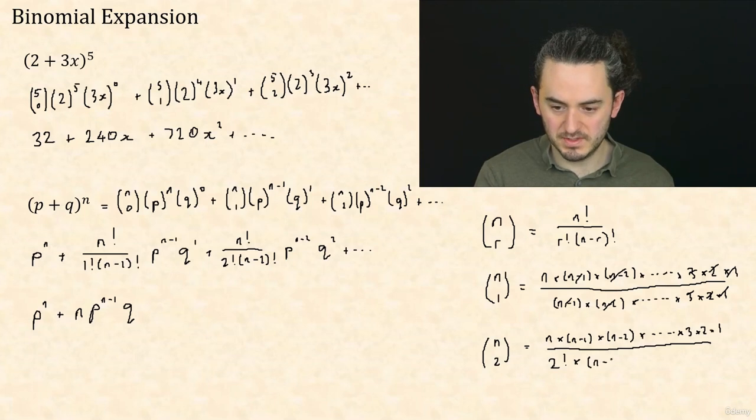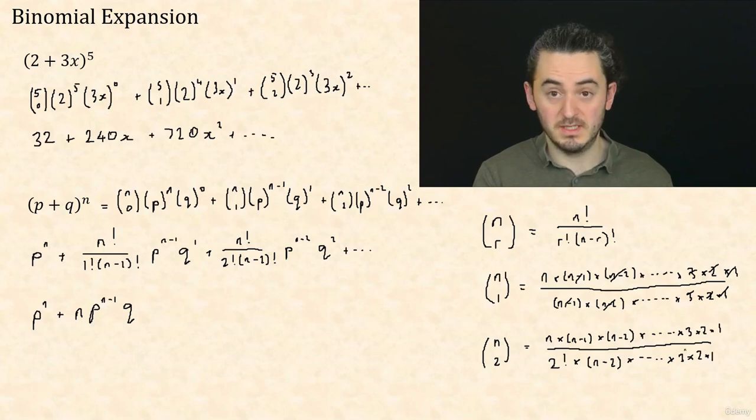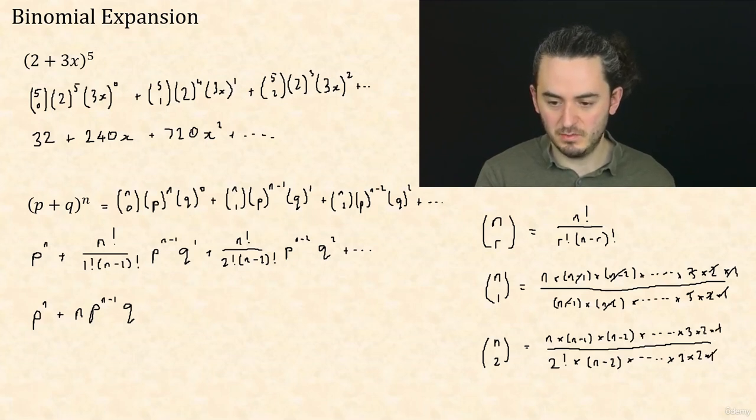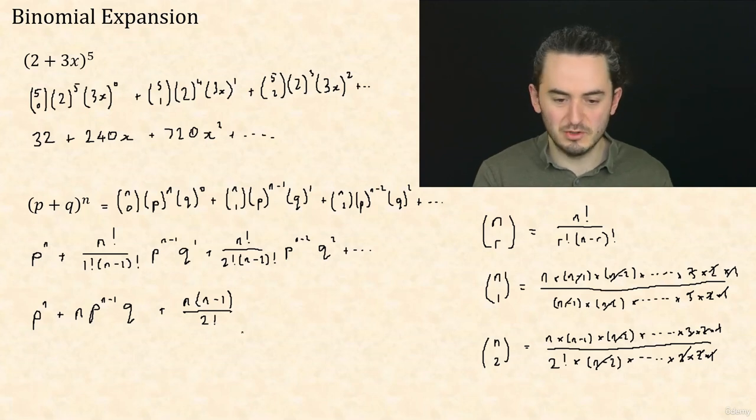So that is all the stuff from n minus 2 down to 3 times 2 times 1. Okay, tons of cancelling again. Cancel the 1s, cancel the 2s, cancel the 3s, cancel everything up to n minus 2. And what are we left with? Well, we're left with n times n minus 1. And then on the bottom, we've just got 2 factorial, which is just 2, but we'll just leave it as 2 factorial. And then that was multiplied by p to the n minus 2 and q squared.